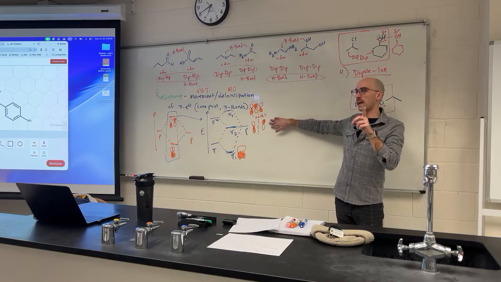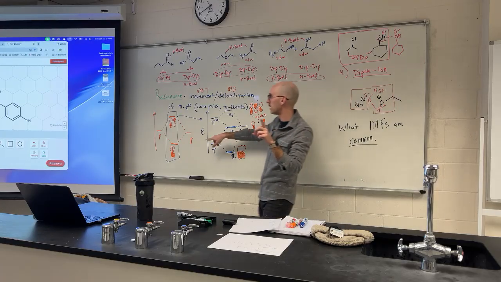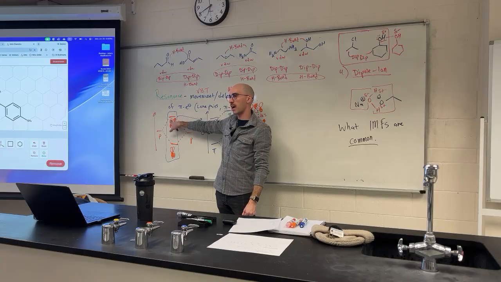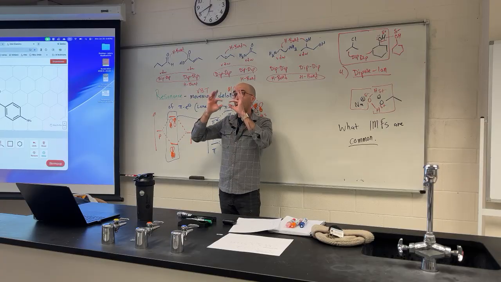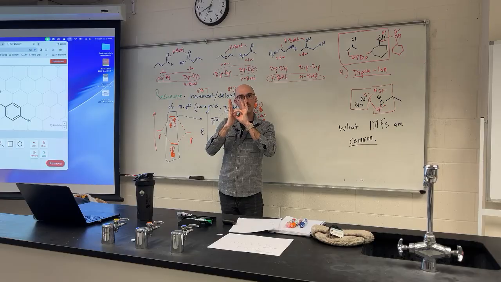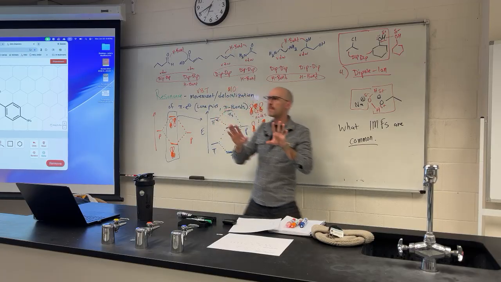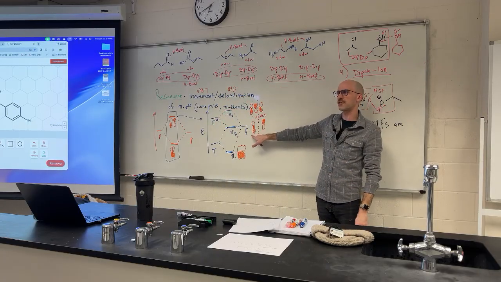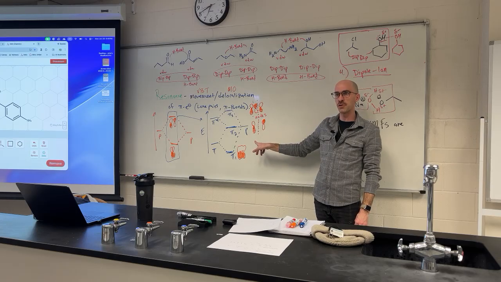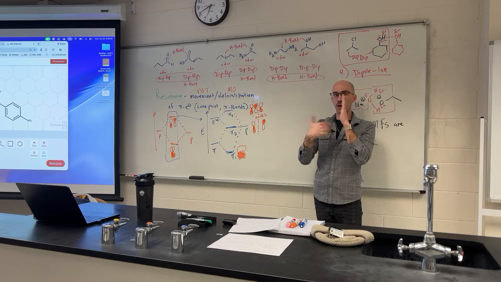If you're comfortable with the idea of a p orbital, where an electron is able to go from the top lobe to the bottom without passing through the center, because that's a node, a region where the electron is not found, then you should be comfortable saying that an electron can be found on atom 1 or atom 3, but not on atom 2. It's just passing through a node where the electron is not found.